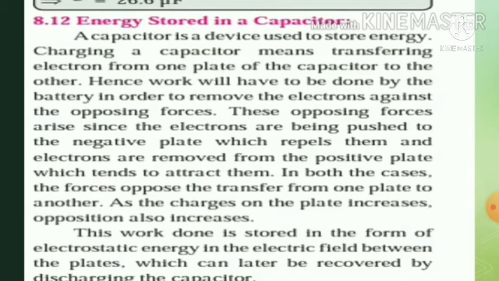So the work done is stored in the form of electrostatic energy in the condenser.